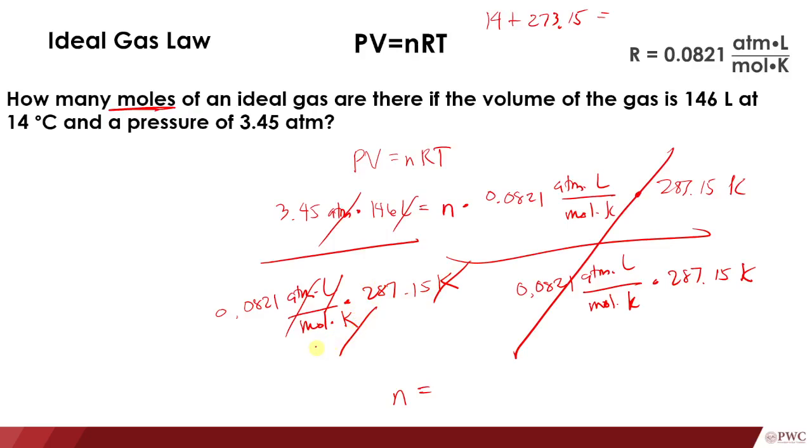So what's left here is the number of moles. Okay, so that's the answer for this one. Just remember this formula for the ideal gas law, and don't forget about the ideal gas constant.